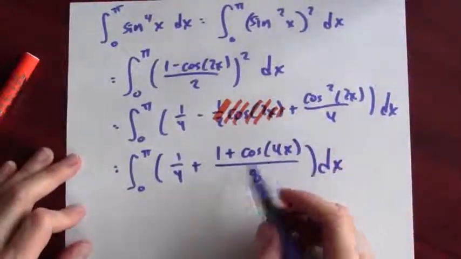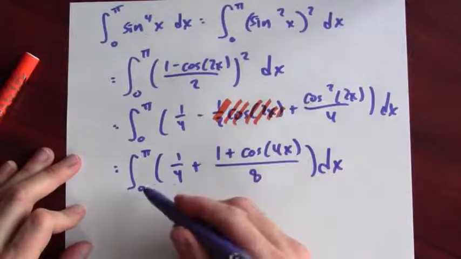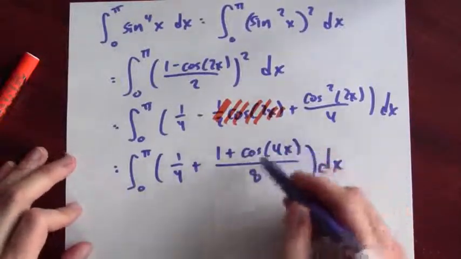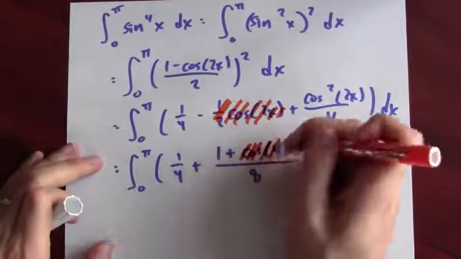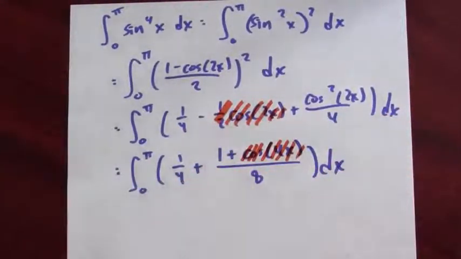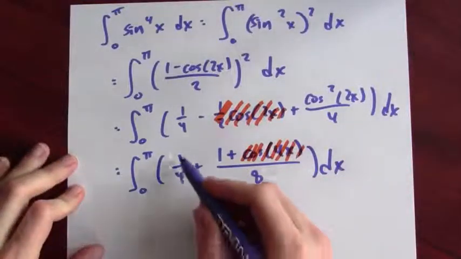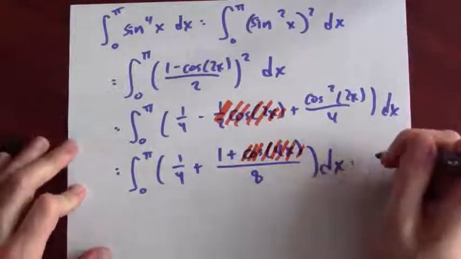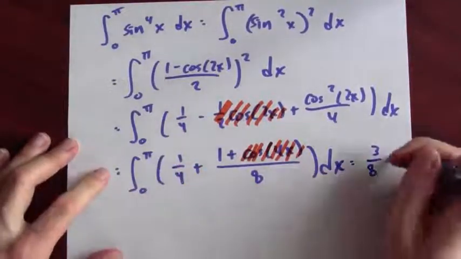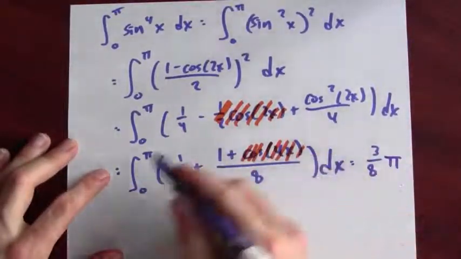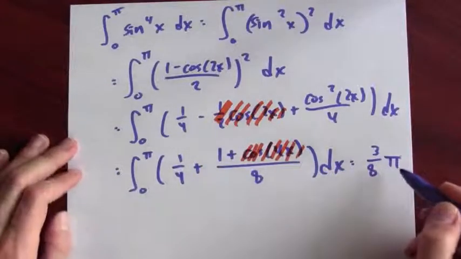But now again, if I integrate cosine 4x, x going from 0 to pi, that's integrating cosine over 2 complete periods. That ends up canceling, so I can just throw that term away. And all I'm really integrating now is 1/4 plus 1/8. Well, that's 3/8, but I'm integrating over an interval of length pi. So this definite integral is 3/8 pi.